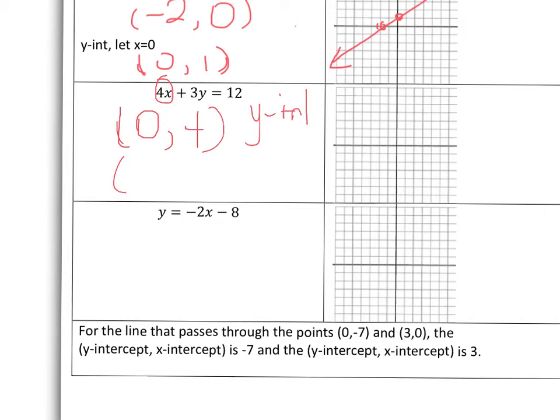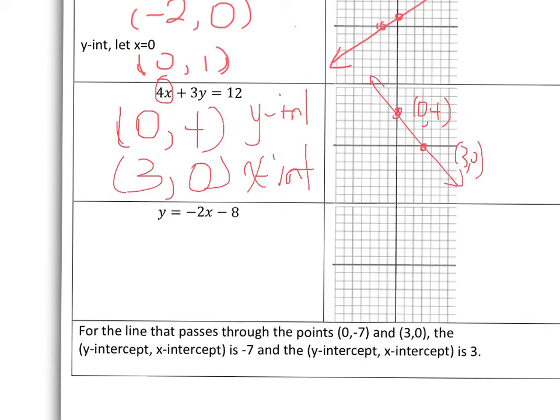Okay, and then when y is 0, then x will be 3. This will be my x-intercept. So 0, 1, 2, 3, 4, about right here. 0, 4, and then 1, 2, 3, 3, 0. And then we can graph.